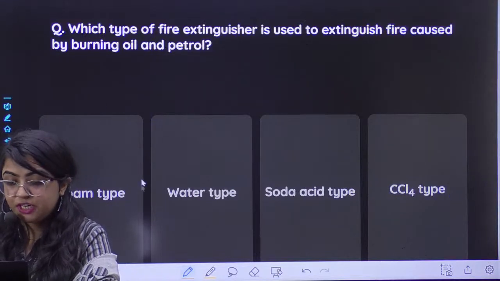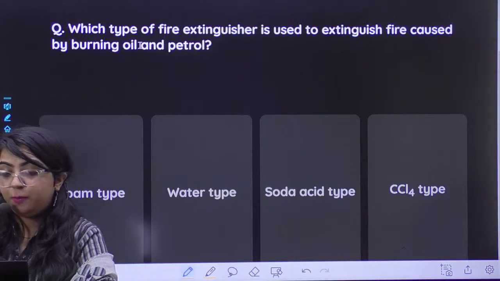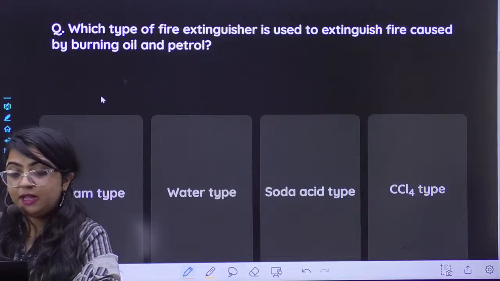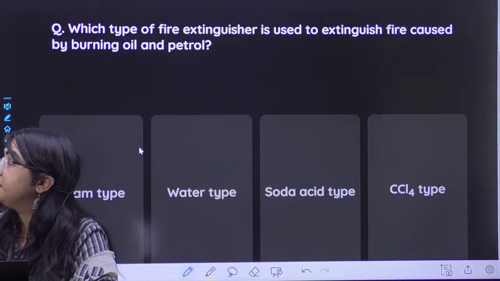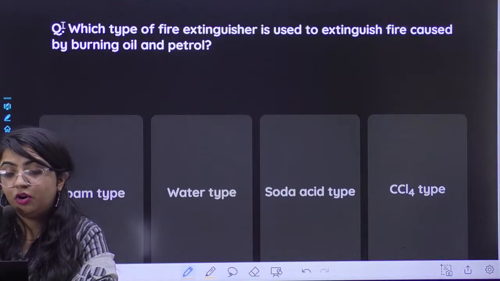So what type of extinguishers should we use when we are dealing with two liquids, that is oil or petrol? So please mark the correct option. I hope the question is clear to all.